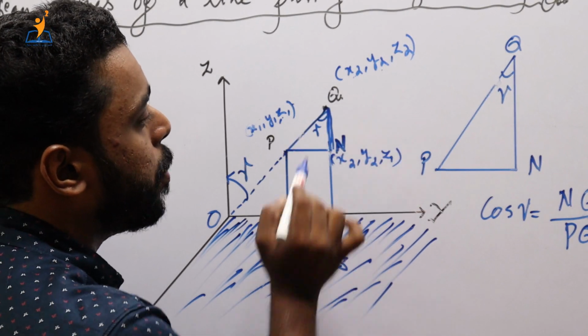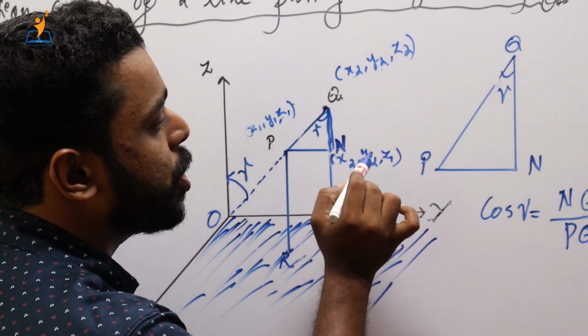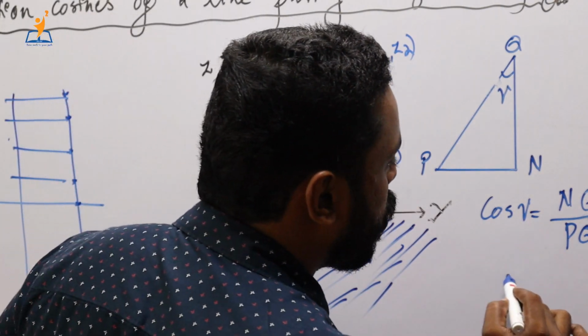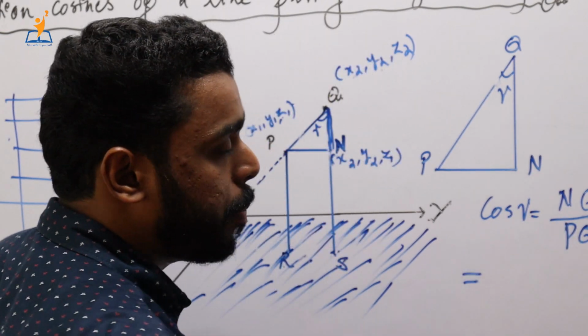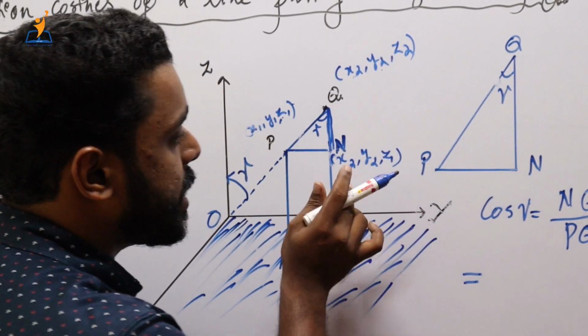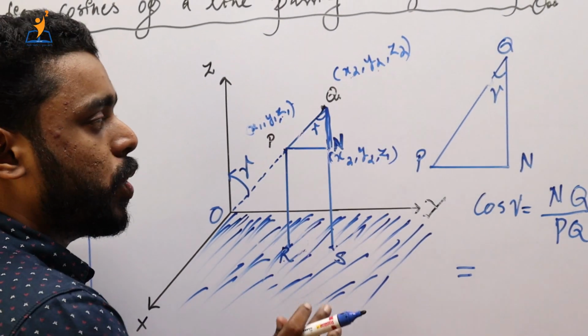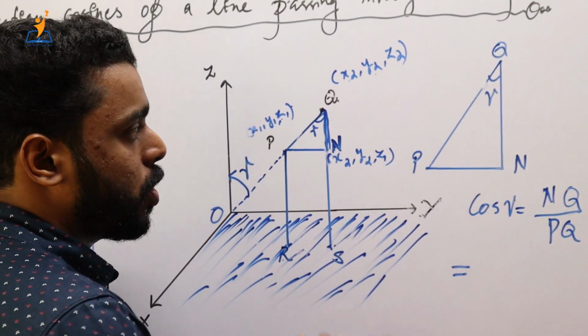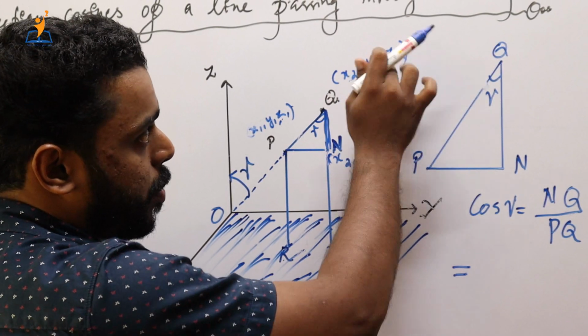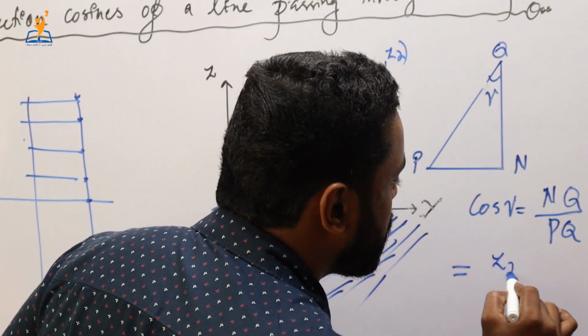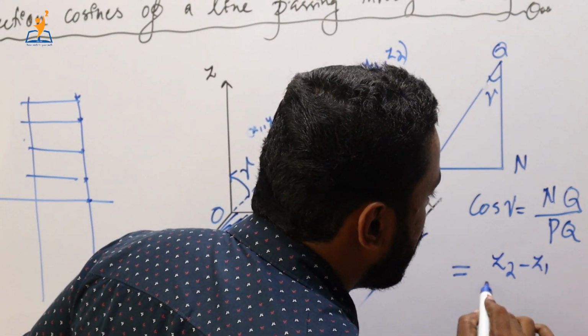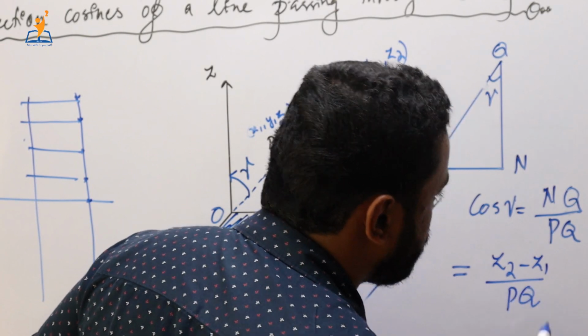So N is nothing but x2, y2, z1. So we have cos gamma equal to NQ by PQ, and NQ is nothing but what? x2 minus x2 is 0, y2 minus y2 is 0. So what is left is z2 minus z1 divided by PQ.